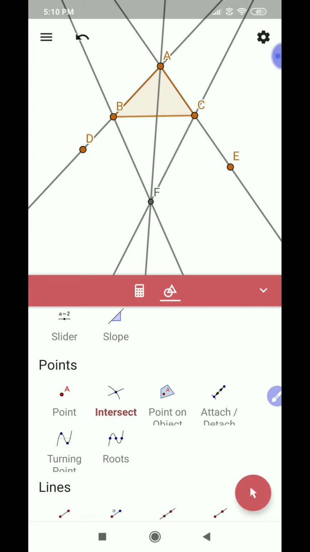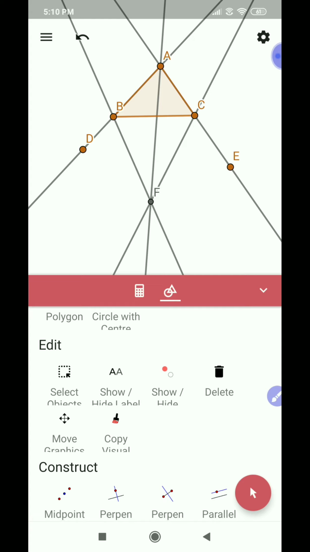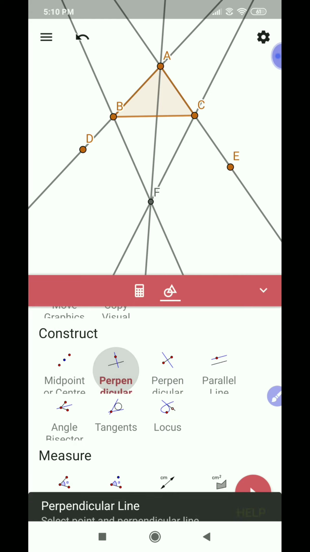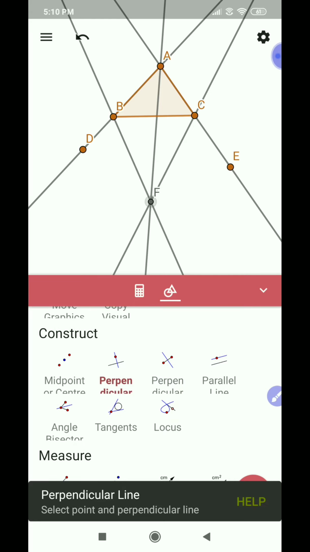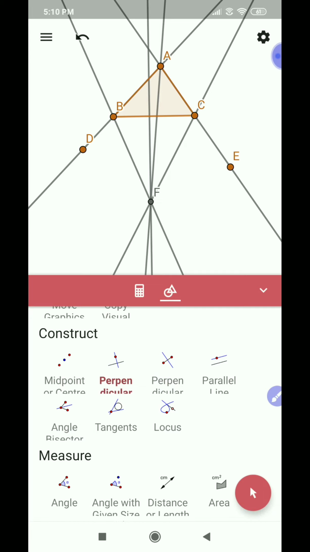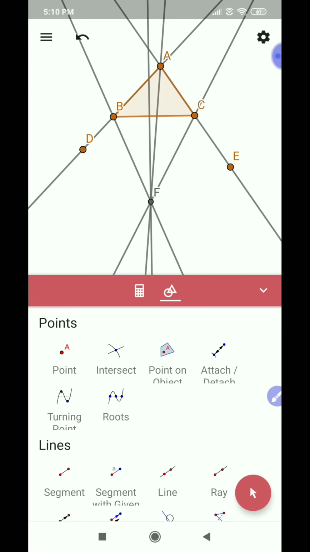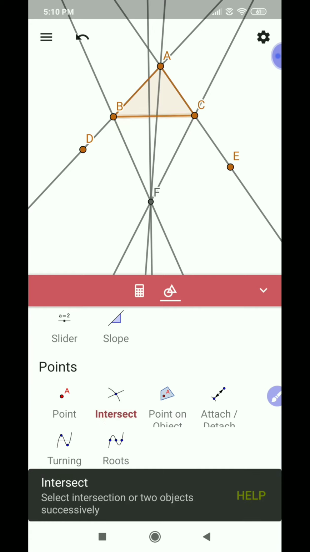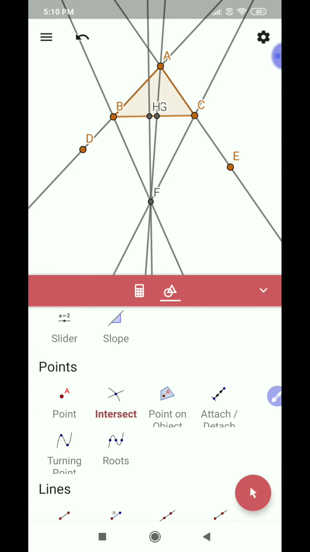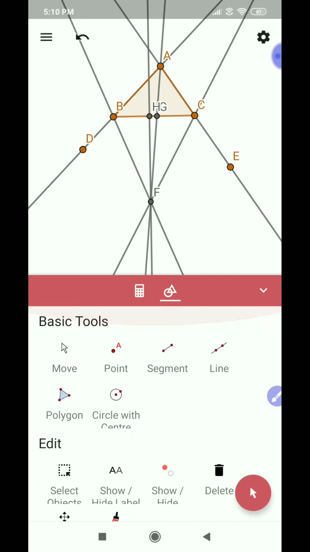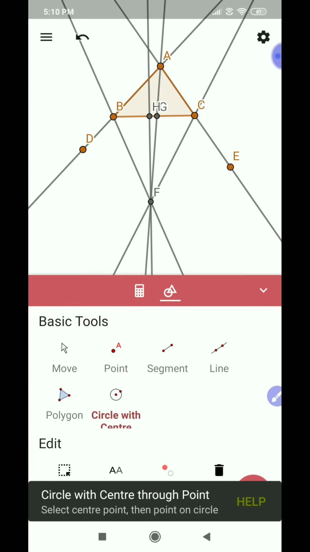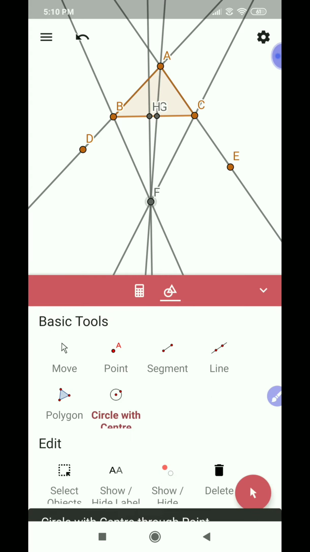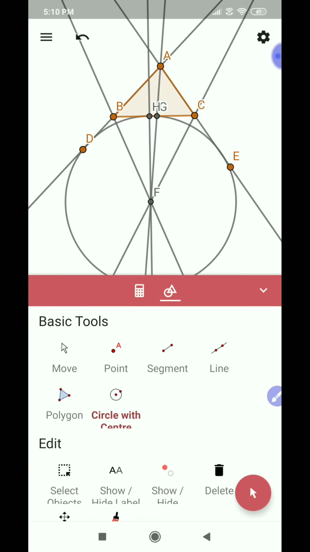Now draw a perpendicular line from the excenter onto side BC. Name the intersecting point H. Now draw a circle whose center is F and whose radius is FH.